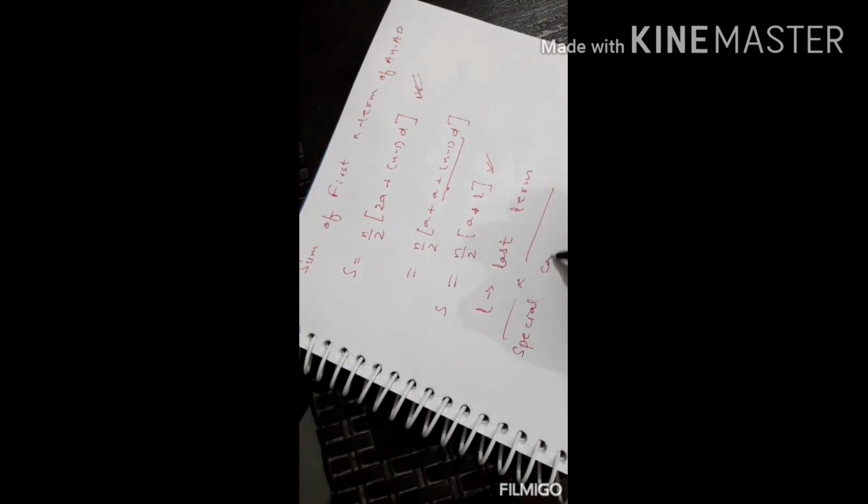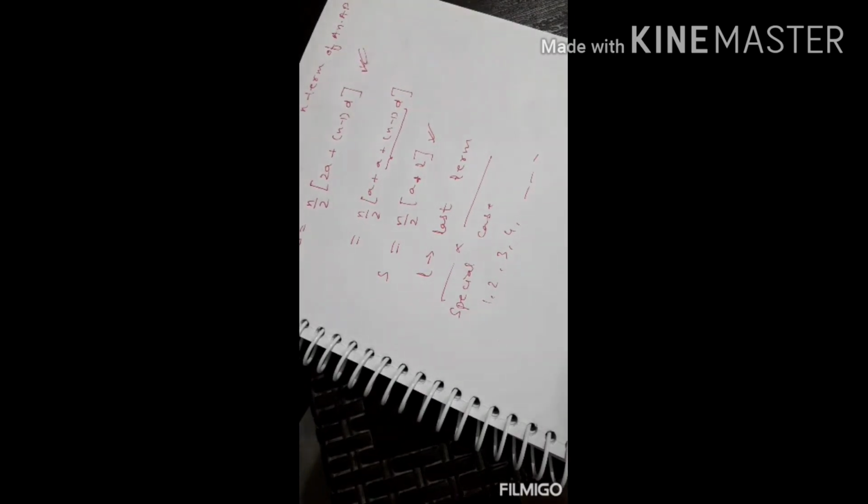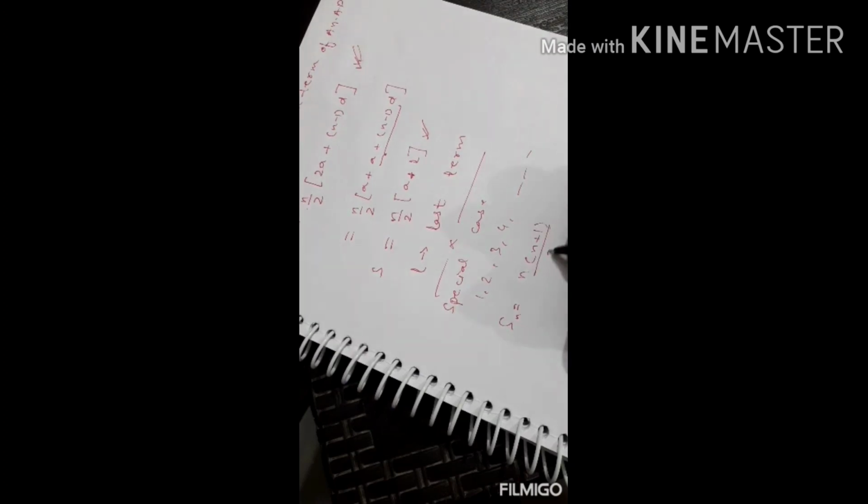And there is a special case, which is the sum of natural numbers, that means 1, 2, 3 and so on. The sum of natural numbers is n into n plus 1 divided by 2, where n equals the number of terms.